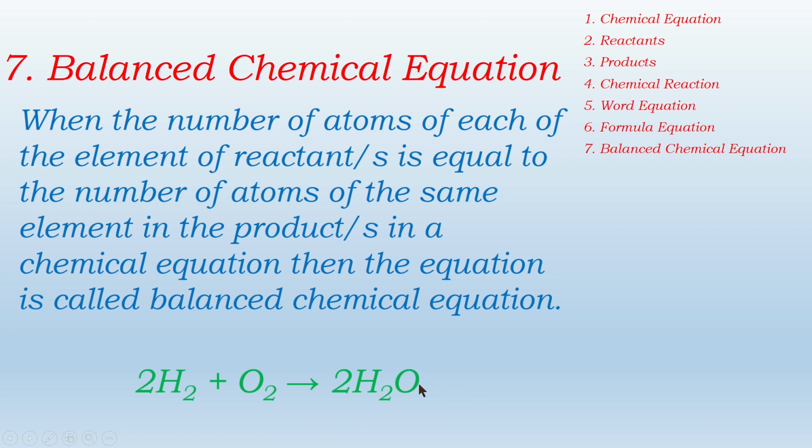On the right hand side, the number of oxygen atoms is 2, and on the left hand side also the number of oxygen atoms is 2. In the same way, the number of hydrogen atoms on the right hand side is 2 twos are 4. On the left hand side also it is 4. It means the number of atoms of each element on the product side and the number of atoms of the same element on the reactant side are equal, then that kind of chemical equation is called a balanced chemical equation.